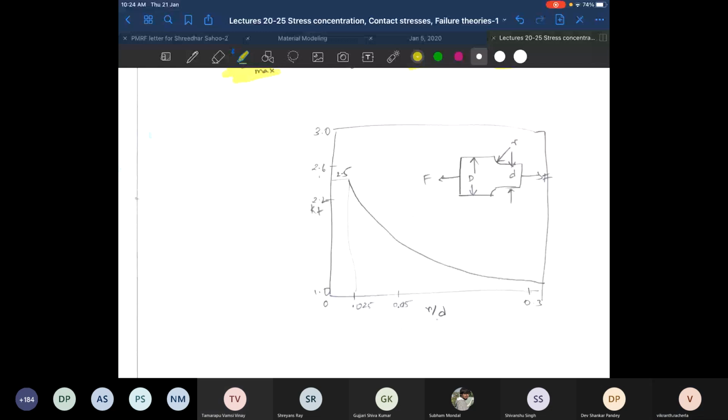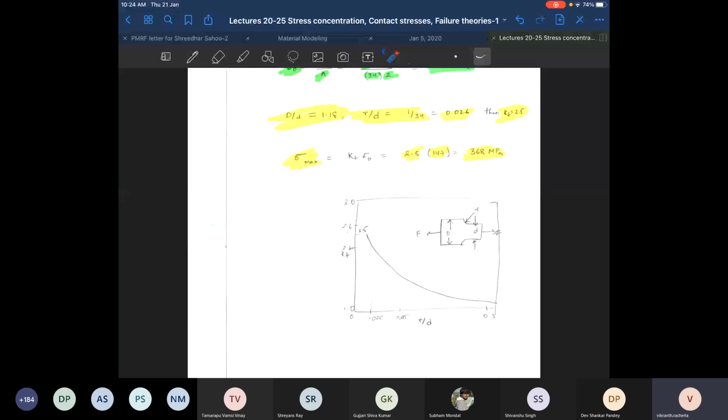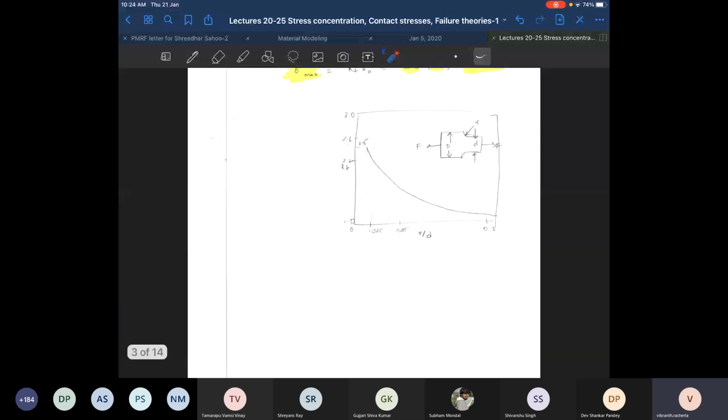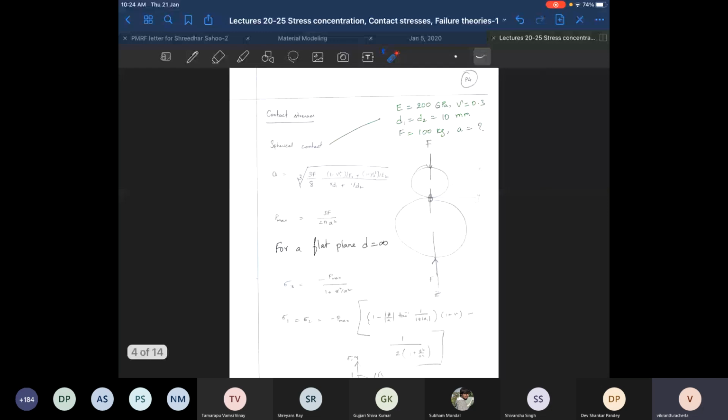You can simply increase the fillet radius. If I doubled the fillet radius, my stress concentration would have dropped to maybe somewhere around 2 or even less than 2. So you should always use the highest fillet radius which is possible in your application in order to reduce the level of stress.